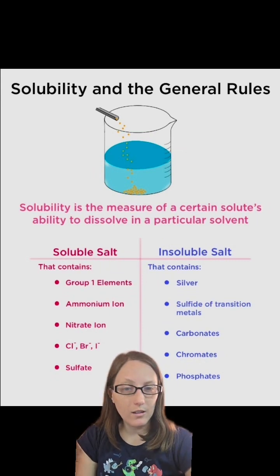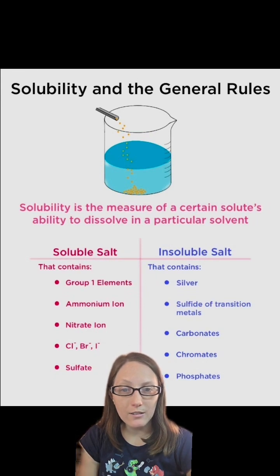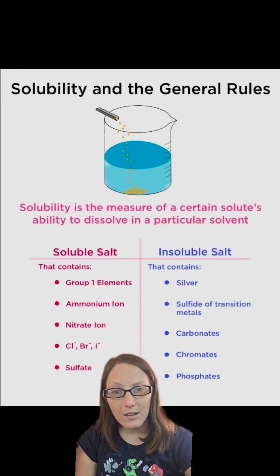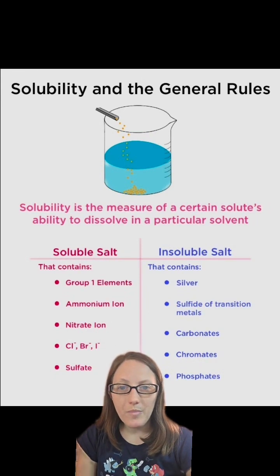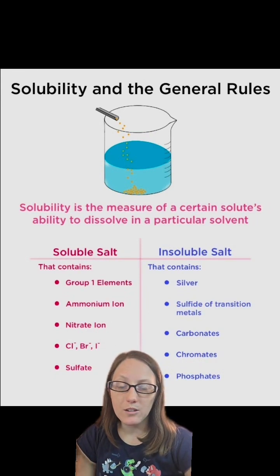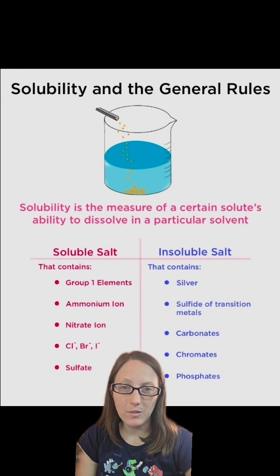Ammonium is soluble, the nitrate ion is also. Then chlorine, bromine, and iodine also, which for a lot of these halides are the other part, because a lot of them are chlorides. And then sulfate ions. These are all soluble pieces.